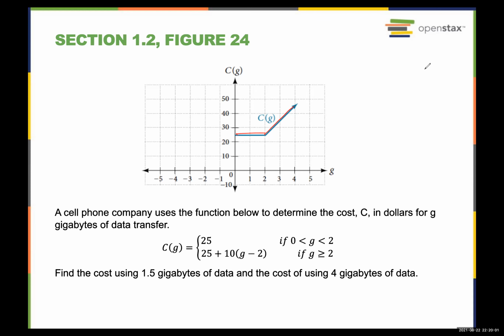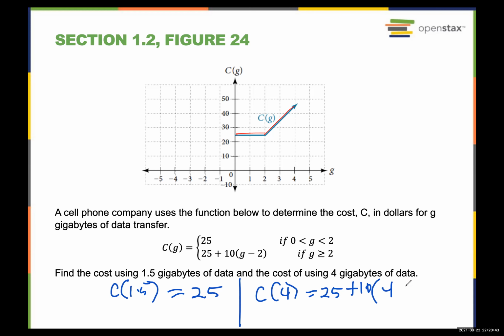So 1.5, so that is C of 1.5. That's between 0 and 2, so that is equal to 25. And using 4, so that is C of 4, and 4 is greater than 2, so we have to use this 25 plus 10 times g minus 2, 4 minus 2.